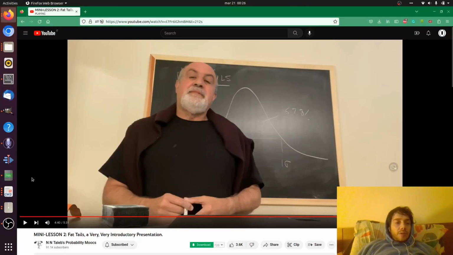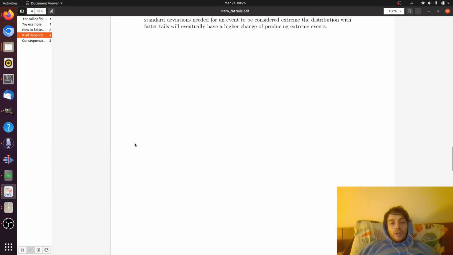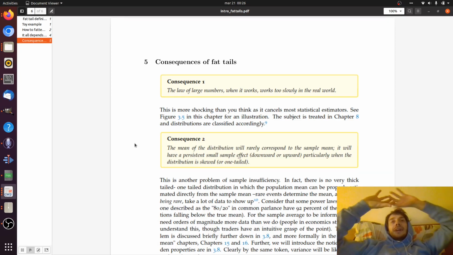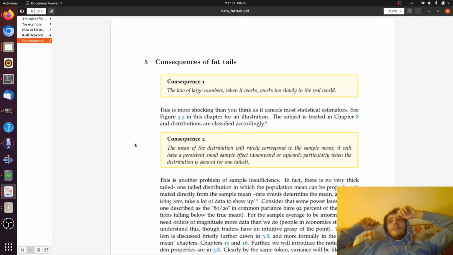Now, this is the main point of a lot of Taleb's work, so let me explain this. In practice, scientists and people who work in academia know that some data-generating processes, some natural phenomena, are not thin-tailed. We know this because we see data that doesn't really seem to belong to a thin-tailed distribution. So there are many data-generating processes that are fat-tailed.